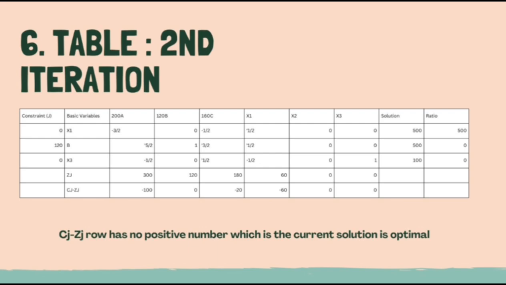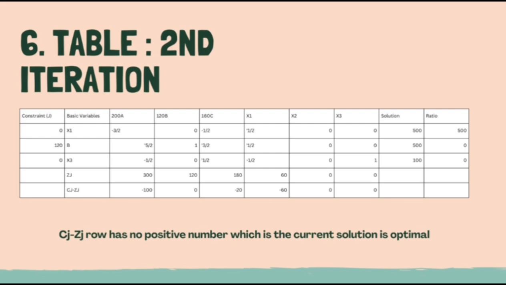Firstly, we need to perform the pivot for the second iteration, given after the updated tableau, which has the basic variables A, B, C, x1, x2, x3, solution and ratio, based on the board given.